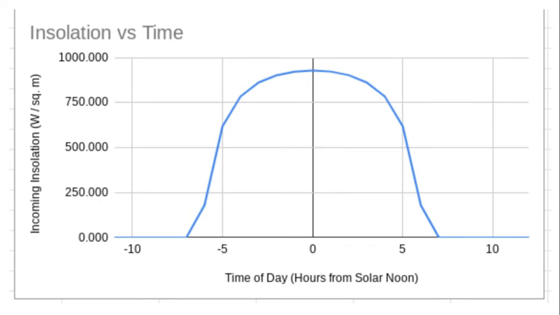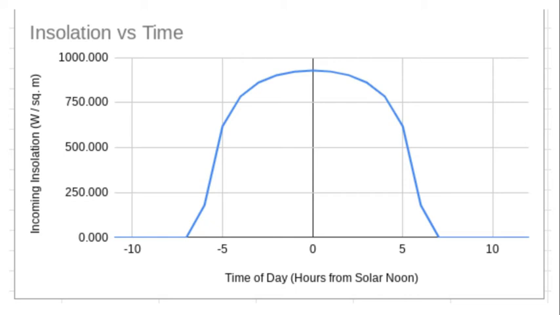This graph hopefully looks familiar. It's taken from our solar insolation spreadsheet, and it shows the incoming insolation in watts per square meter over the course of the day. And we can see that insolation varies, and that this makes sense.